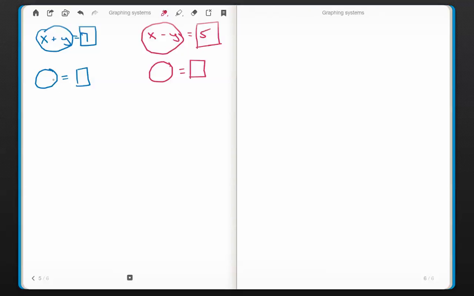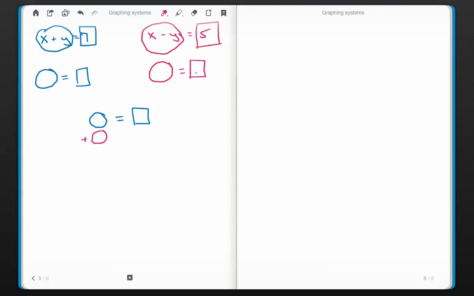So down here, I'm going to say that my circle equals my box. And I'm going to add something to both sides. I'm going to add another circle to this side, which means I have to add a red circle to the other side too.